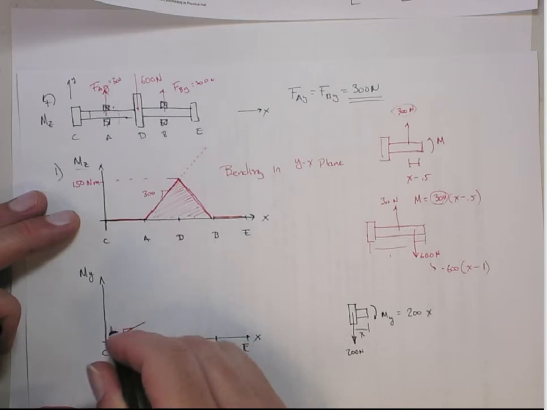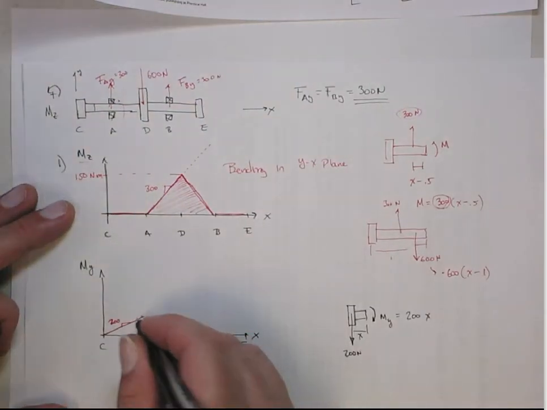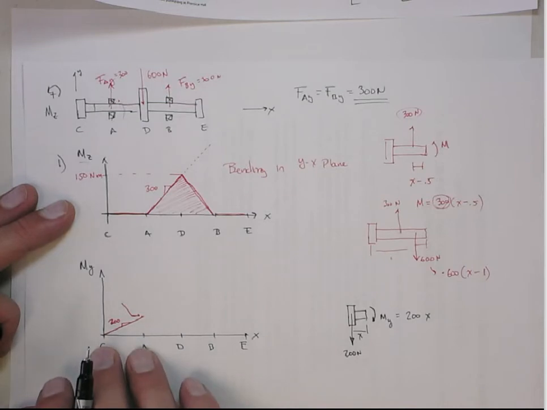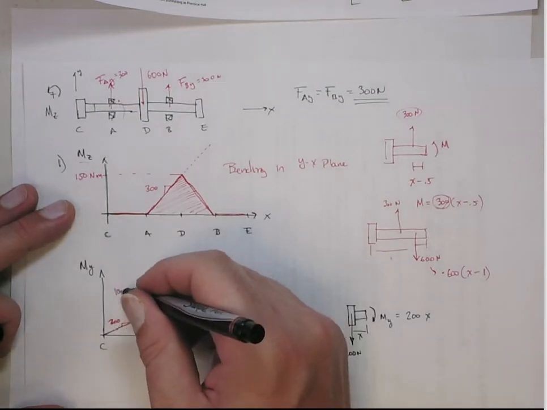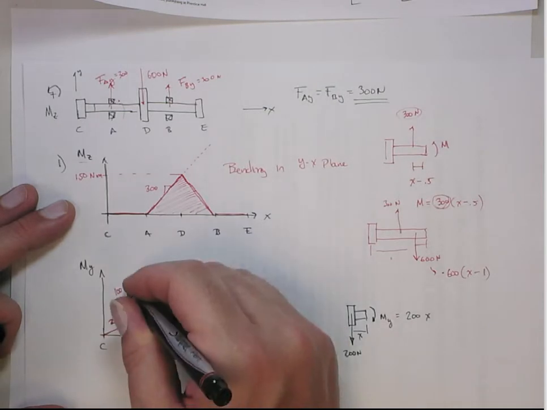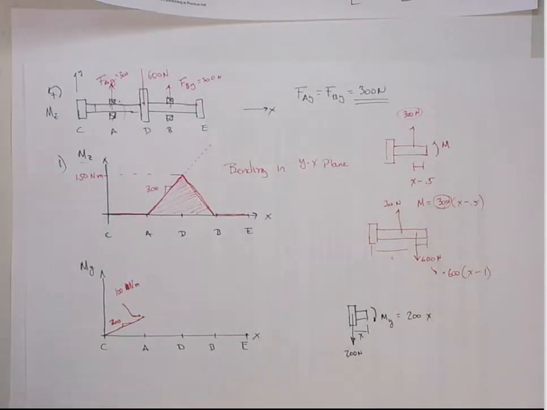So that means this value here is going to be 200 times its arm of 0.5, so a value of 100 Newton meters.